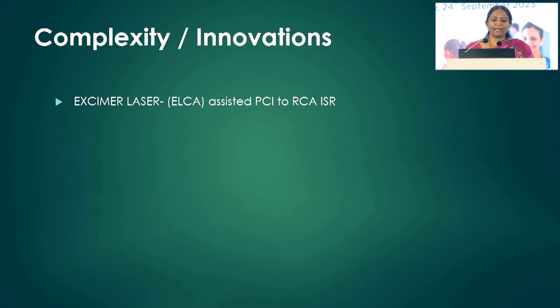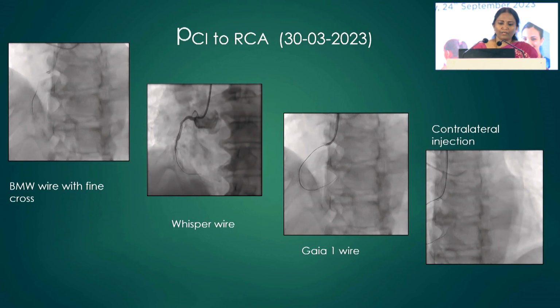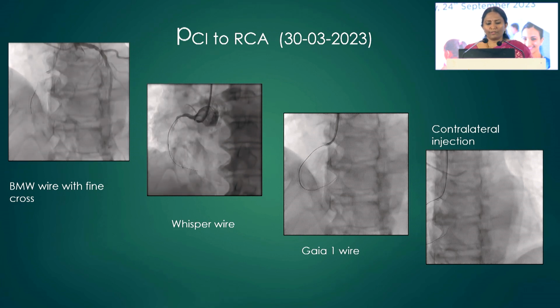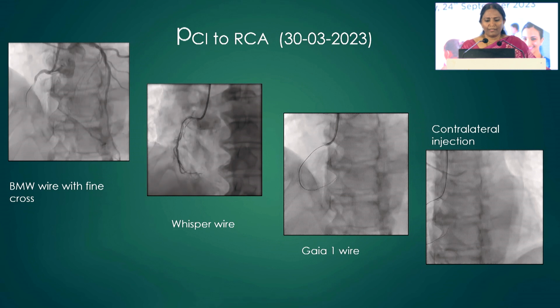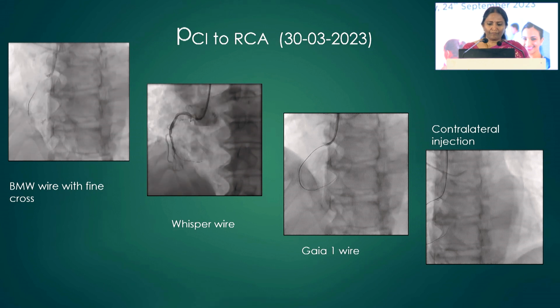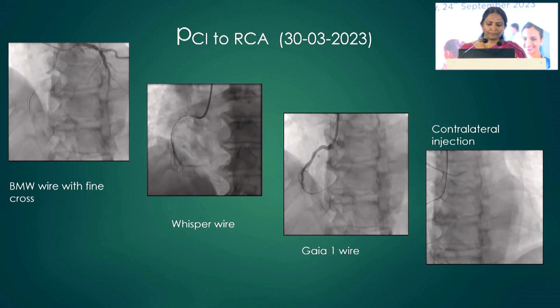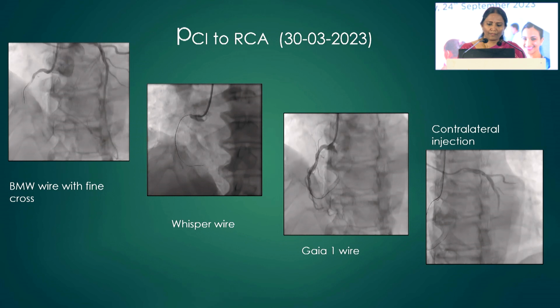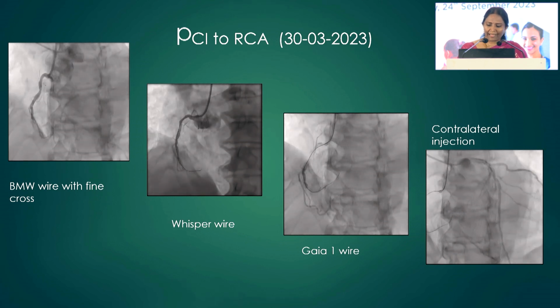So we decided that we will proceed with the ELCA-assisted PCI to RCA, and we couldn't cross the lesion with the BMW wire, even with the help of a microcatheter. We couldn't pass a Whisper wire either. And in the end, we took a Gaia wire, and also with the help of a contralateral injection, we were able to pass the Gaia wire.